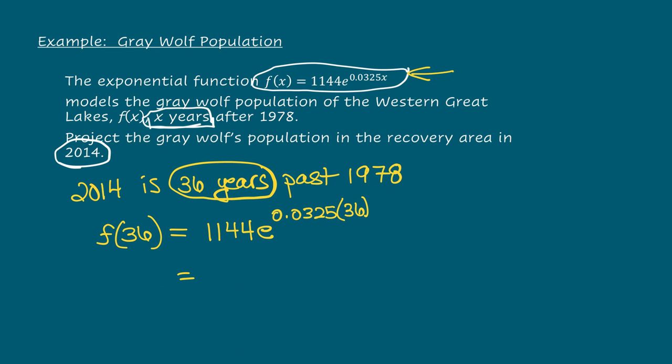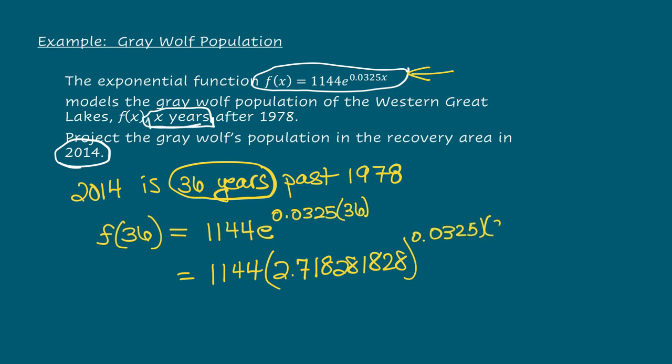Or if you don't have the e key, you can put in the value of e. So I could put in my calculator 2.718281828, and I can stop right there. I don't even have to put all that in, to the 0.0325 times 36.